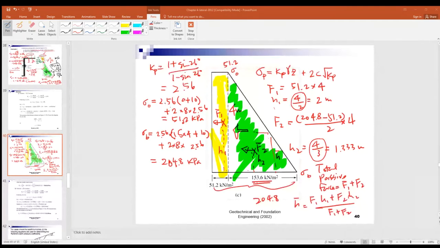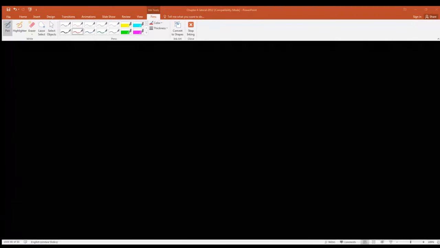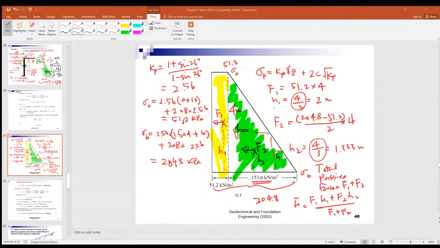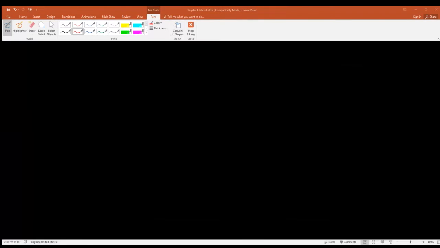Now, you may study the explanation given in the lecture notes, but I want to explain my method of how presenting the calculation or how the calculation will be carried out, step by step.